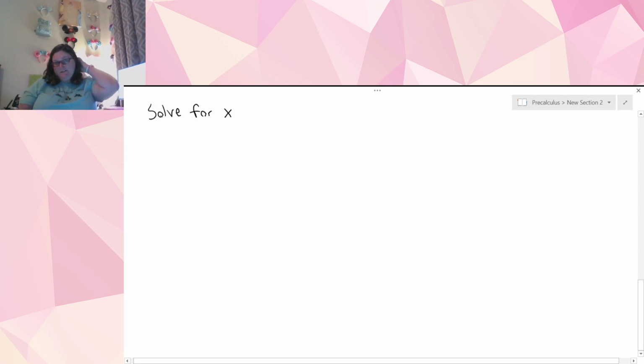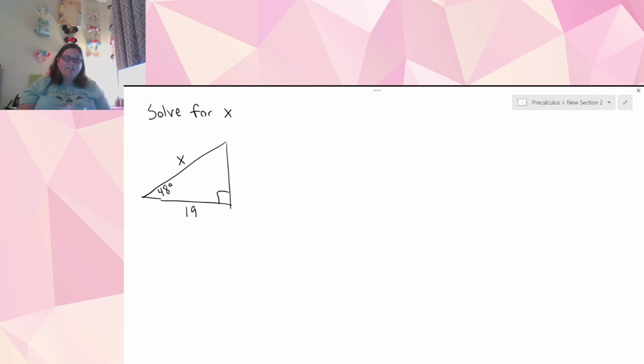So sometimes they're going to give us a problem where they want us to solve for x, and they're going to give us a right triangle with a couple of side lengths and an angle measure. So what I need to do when I'm given a side length of x is figure out what relates this angle to 19 and x.